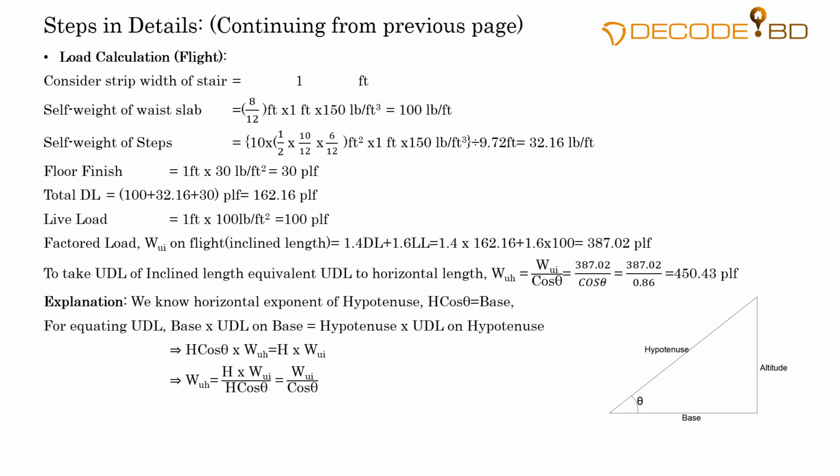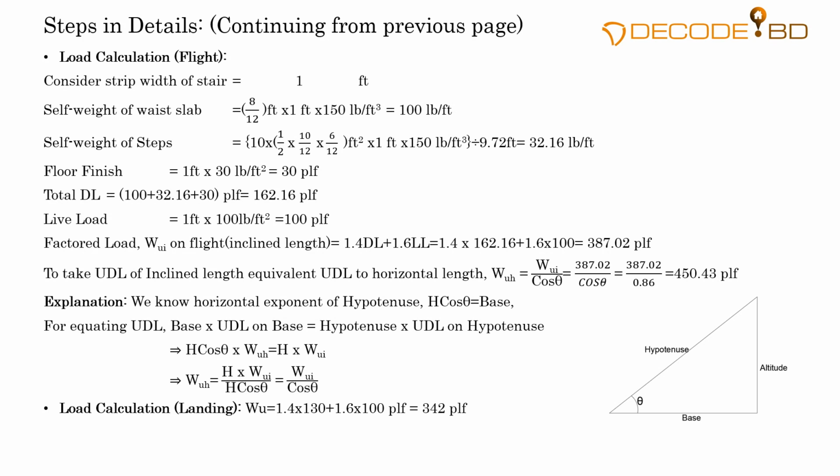So here A by A is eliminating, balance Wui by cos theta. This equation we have used there, 387.02 by cos theta, is giving 450.43 pound per feet.